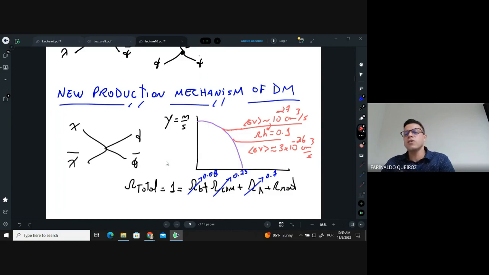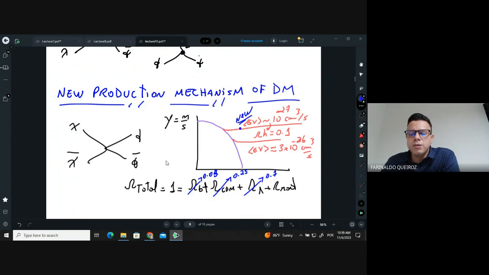And I say, hey, for now, okay, fine, you picked the sigma v which is okay with my limits, but you exclude it because you cannot explain the relic density. Well, not necessarily. If sigma v is 10⁻²⁷, but around this time, something new happened.